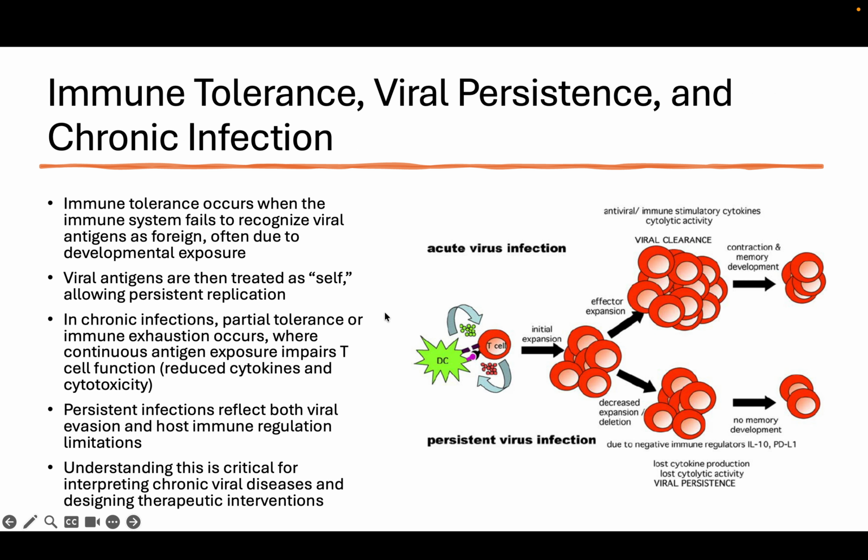But one thing that we start to see a lot, specifically during chronic infections, is that the viral antigens are exposed so much that our T cells start to become tolerant. They start to see it more as self, because it's been present so much that your T cells start to realize, maybe this is just a normal cell or a normal protein, because it's always there. So you can stop your T cells from doing anything.